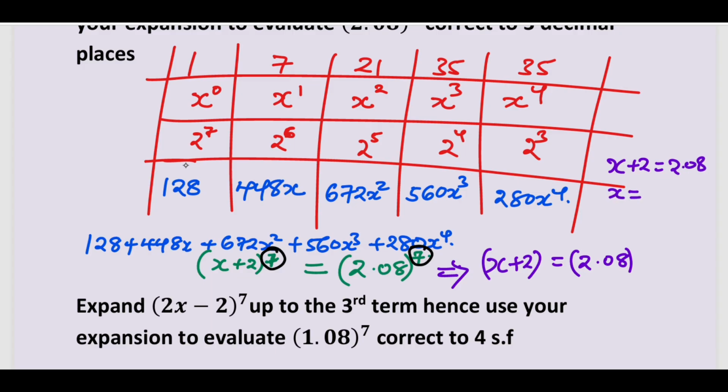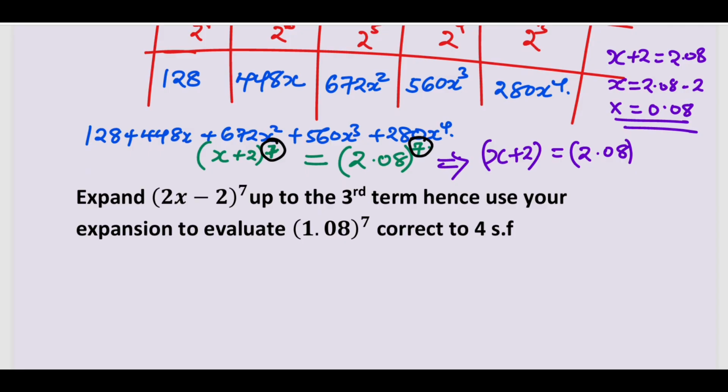So x alone is equal to 2.08 minus 2, which gives you 0.08. So that becomes the value of x. x is 0.08.